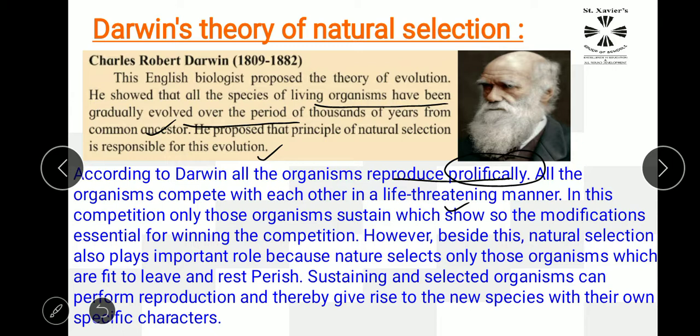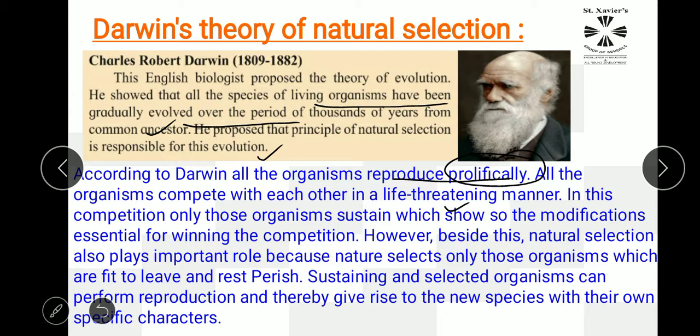Now, besides this, natural selection also plays an important role, because nature only selects those organisms which are fit to live, and the rest perish, students. The sustaining and selected organisms can perform reproduction and thereby give rise to new species with their own specific characters.